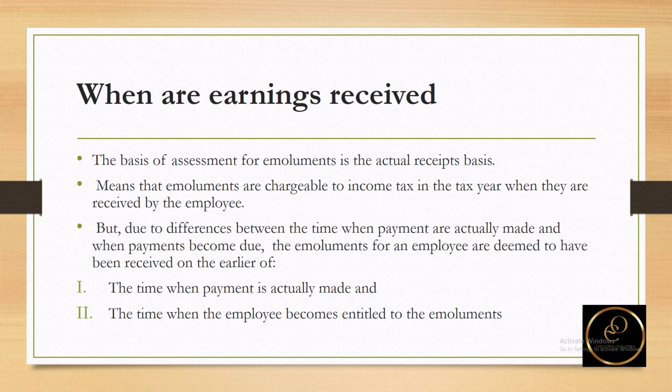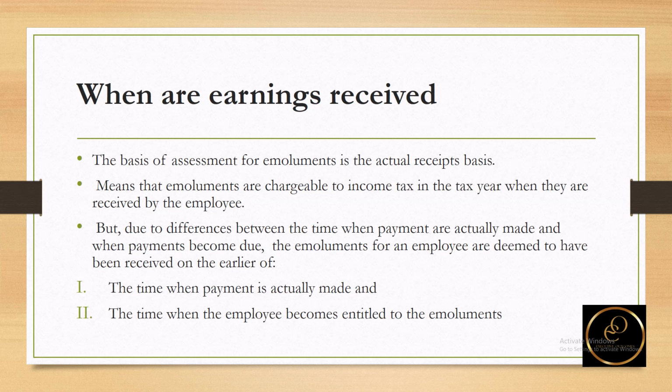However, due to differences between the time when payments are actually made and when they become due, the emoluments of an employee are deemed to have been received on the earlier of the time when the payment is actually made and the time when the employee becomes entitled to emoluments. So these are deciding factors.